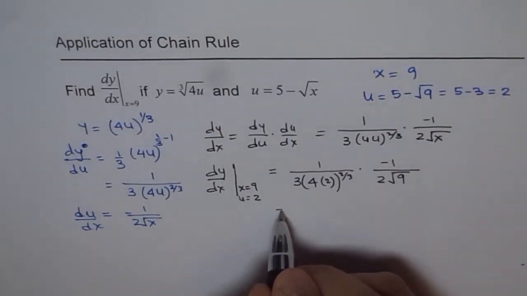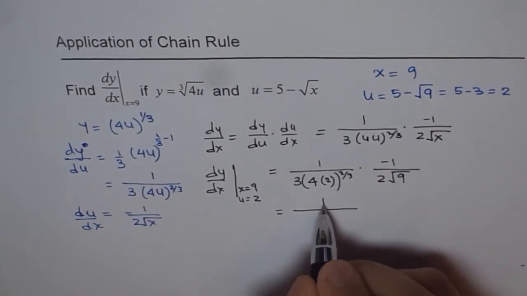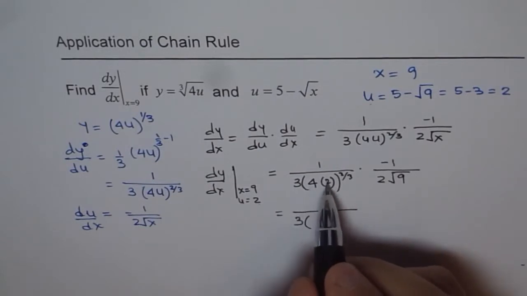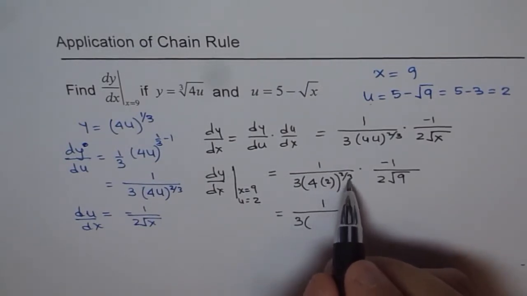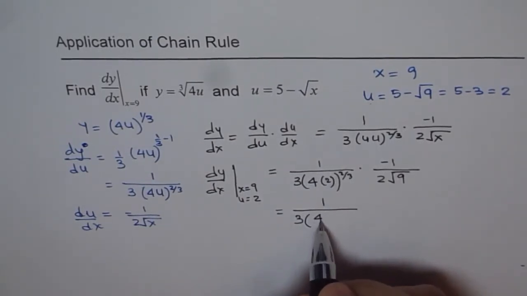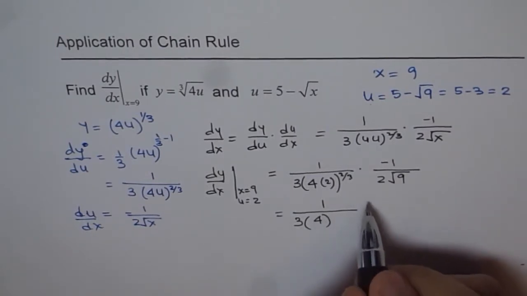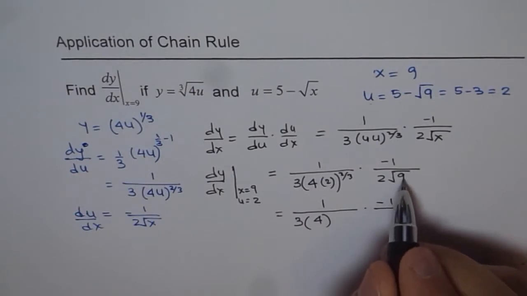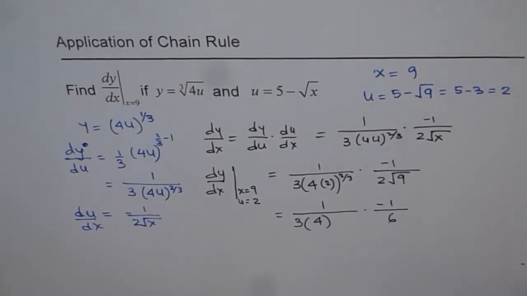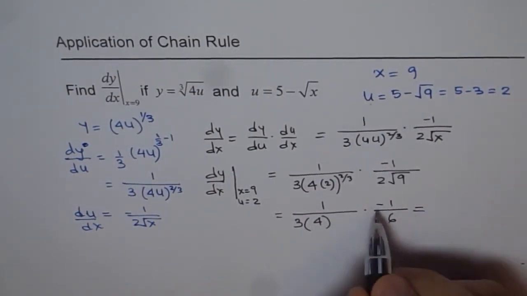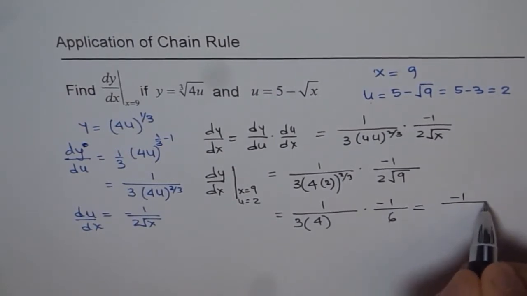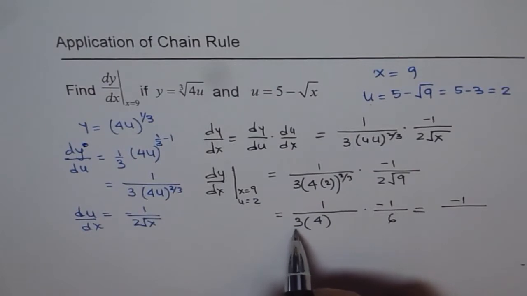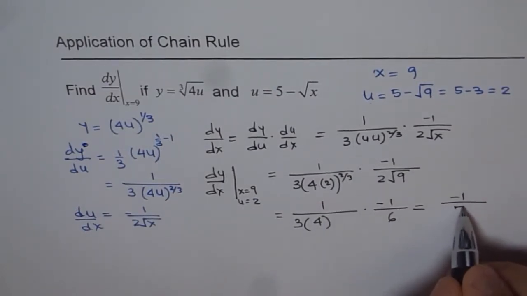So we can find this as equal to 1 over 3 times, now 4 times 2 is 8, right? Cube root of 8 is 2, and 2 squared is 4, so we get 4 here, correct? Now this one is minus 1 over, square root of 9 is 3, 3 times 2 is 6. So we get this. Now we can multiply them: minus 1 in the numerator, and 12 times 6, 72.